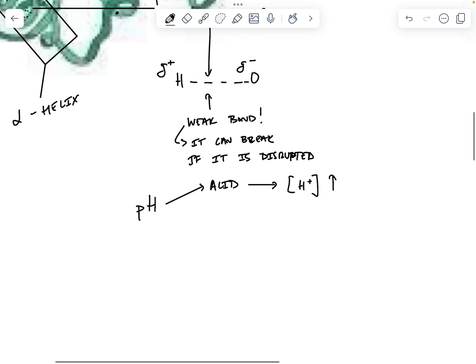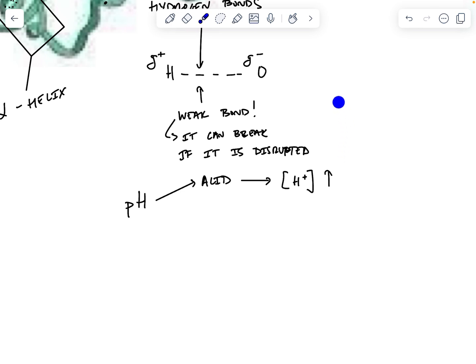Now, I'm sure you can imagine if we have a lot of free hydrogen and we have bonds formed between areas of a molecule that have a slightly positive or slightly negative charge, these free hydrogens in solution could diffuse and interrupt this bond by forming their own bond with the slightly negative region of the protein.